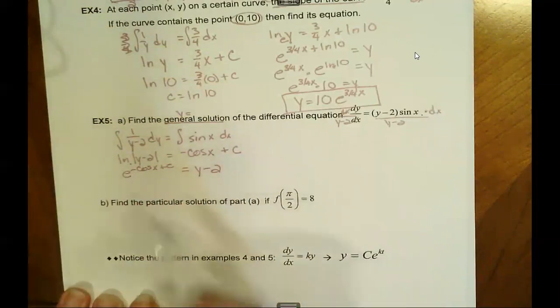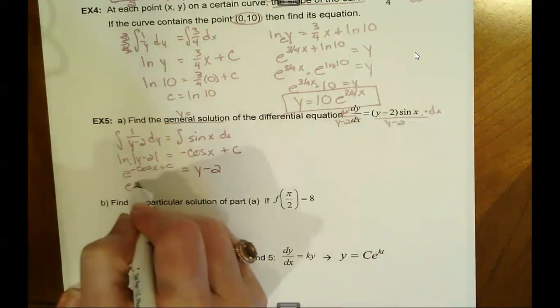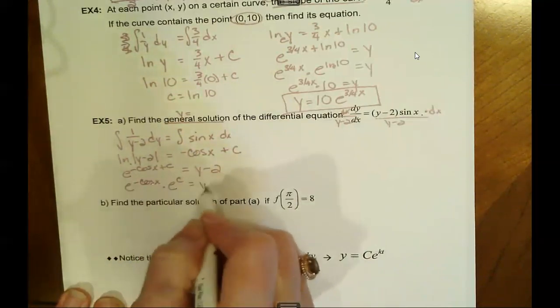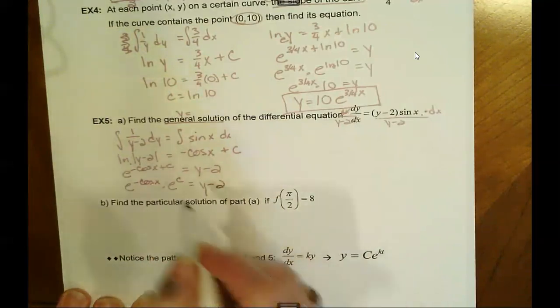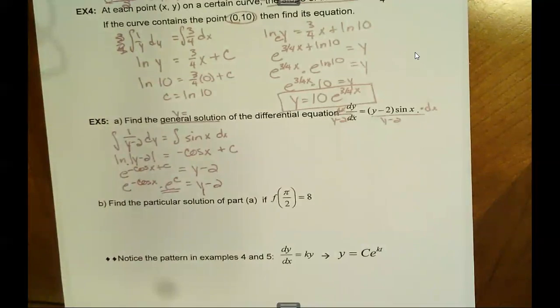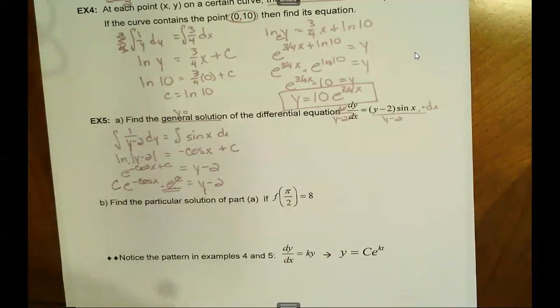And we know that, like we did in the problem above, addition becomes multiplication. So e to the negative cosine x times e to the c power equals y minus 2. When we see this e to the c power, that is just a constant of some kind. So we can just replace this with a c, some unknown constant, times e to the negative cosine x equals y minus 2.